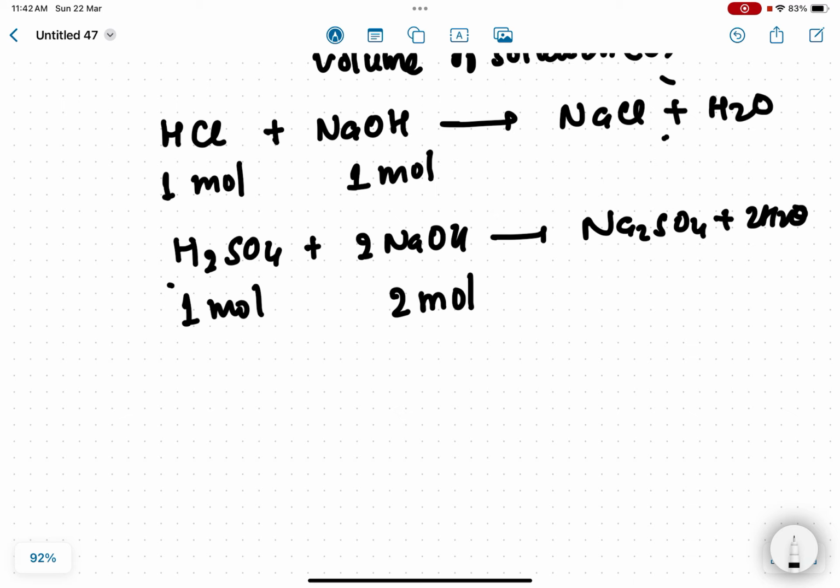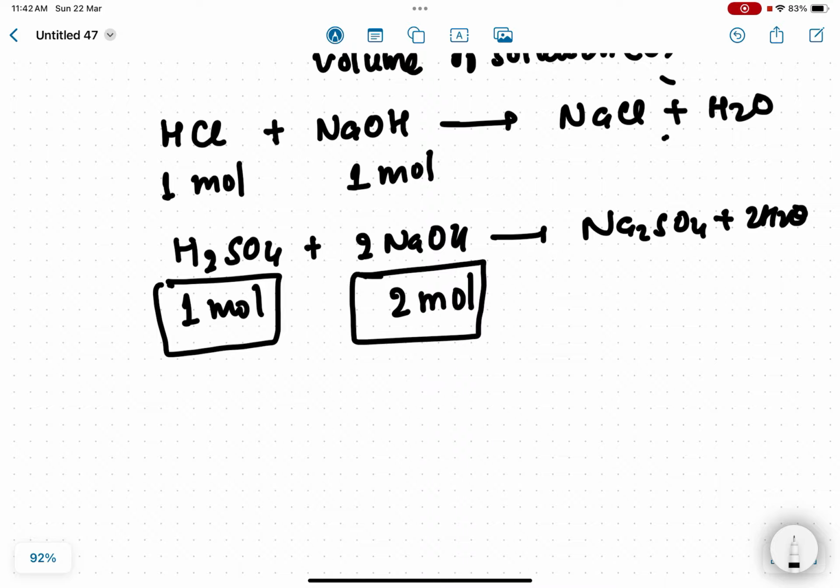If we discuss the concentration of solute in terms of molarity or moles, 1 mole of H2SO4 will react with 2 moles of NaOH. So what we can understand here is that there is something different between HCl and H2SO4, that is reactive power, or we call it N factor, because H2SO4 gives 2H+ per molecule and HCl gives 1H+ per molecule.